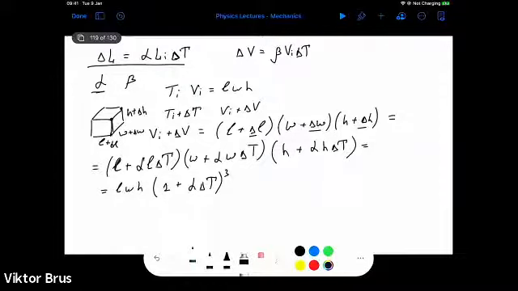So this is the initial volume; we can rewrite this as initial volume times (1 plus alpha delta T) cubed.